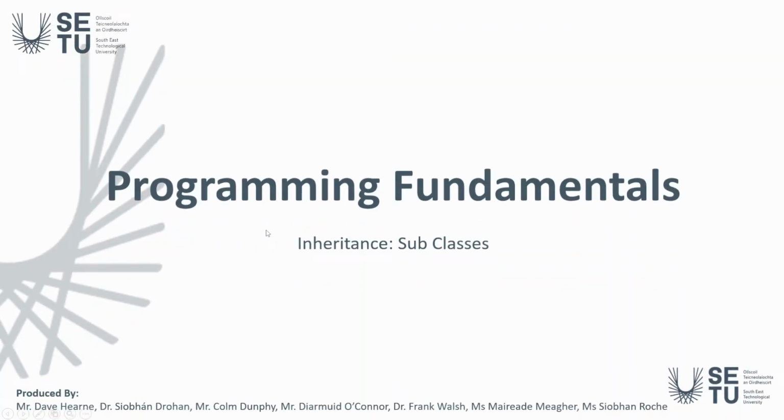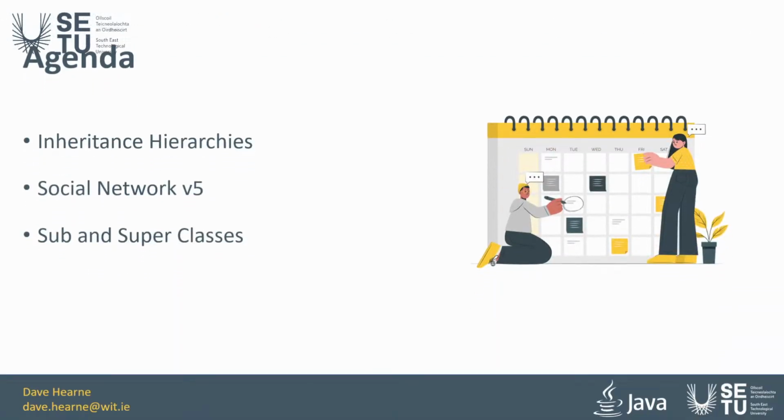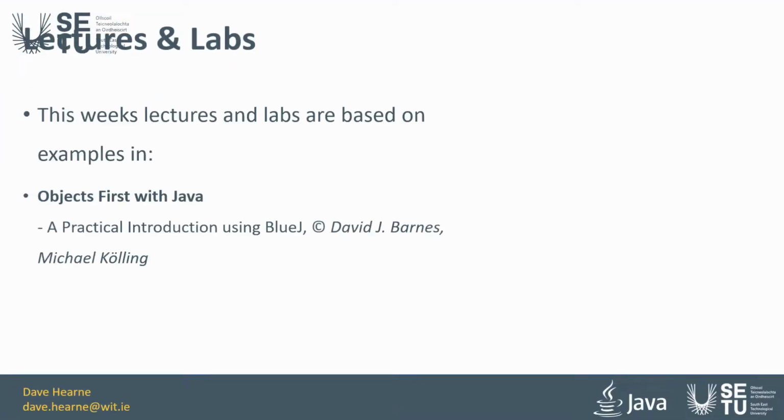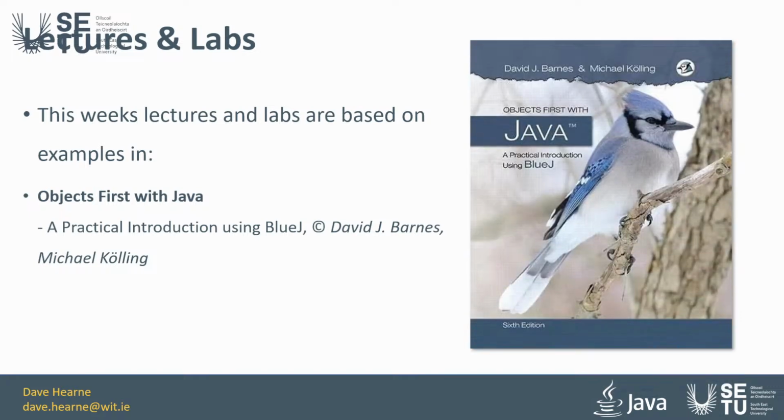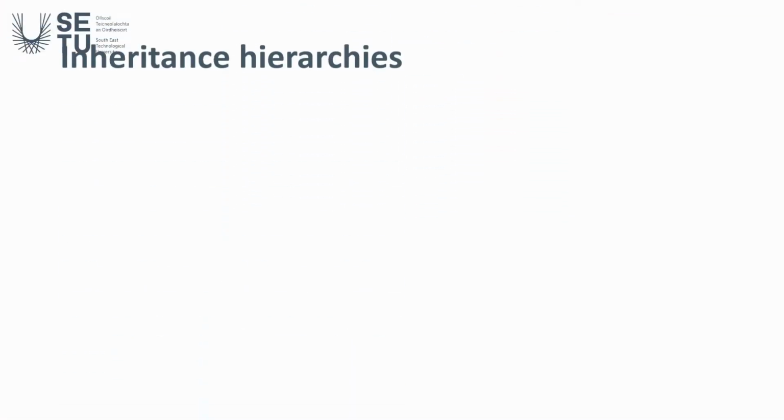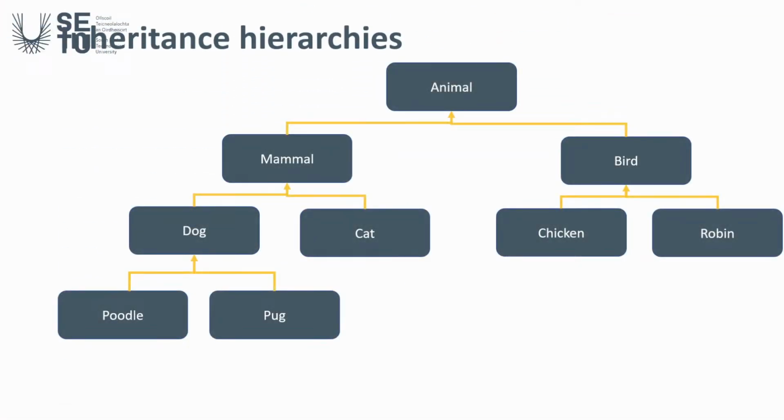Okay. So introducing our subclasses. So now we're going to introduce change in social network, so we can introduce inheritance. Okay, so when we introduce inheritance, we don't just have a one level inheritance.